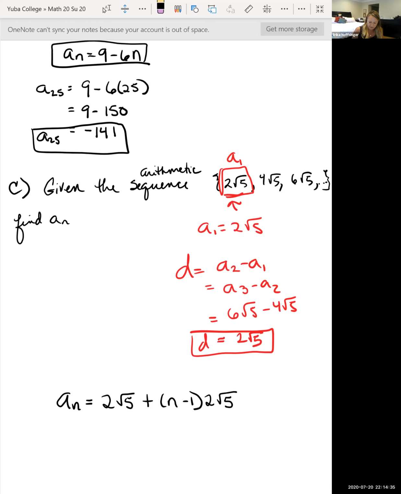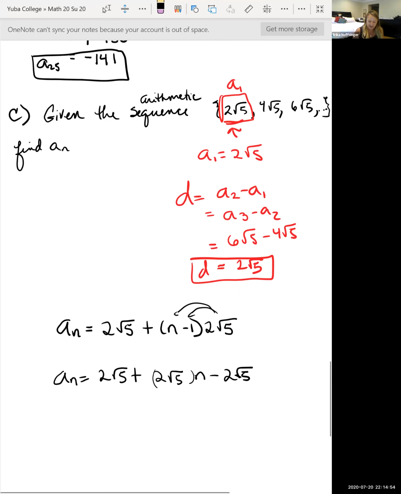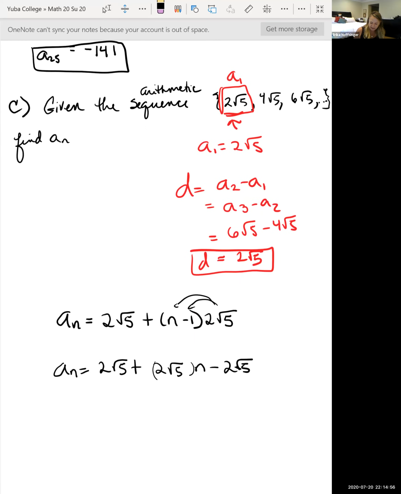Notice if we simplify by distributing that 2 root 5, we have 2 root 5 plus 2 root 5 times n, I put that in parentheses, minus 2 root 5. We have a 2 root 5 minus a 2 root 5. That cancels. So we have a sub n is equal to 2 root 5 times n.